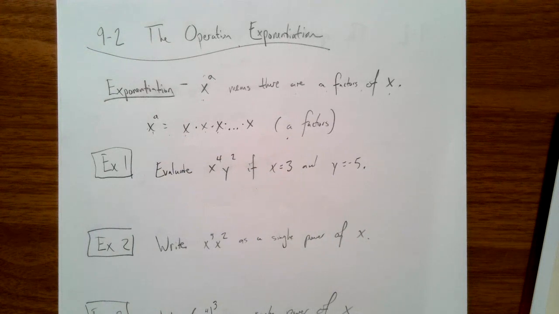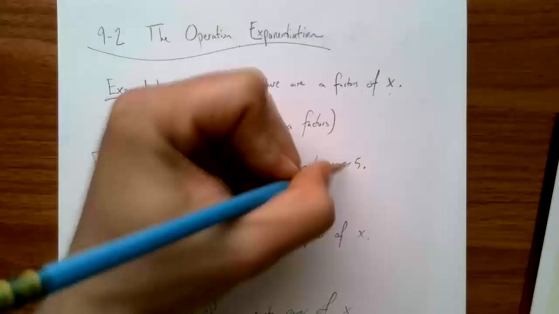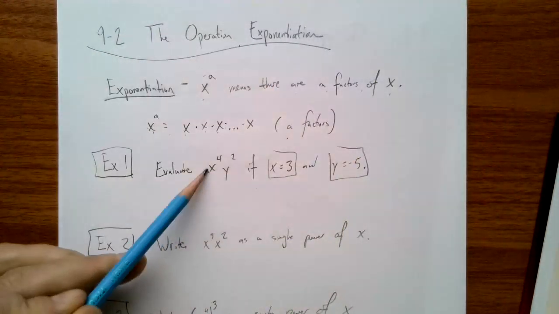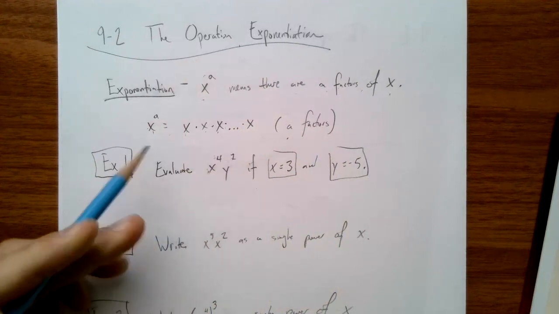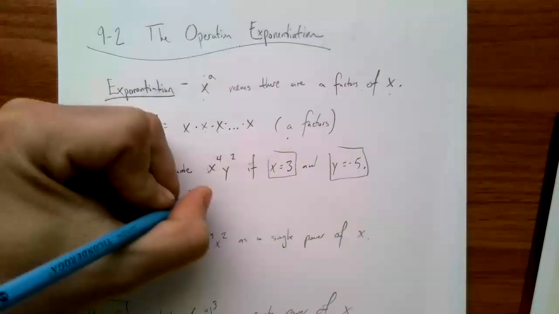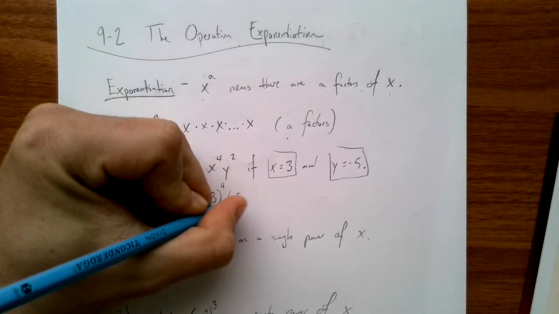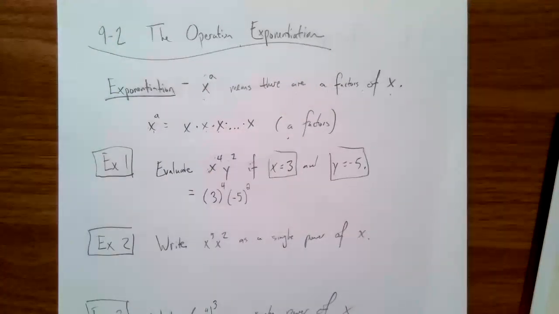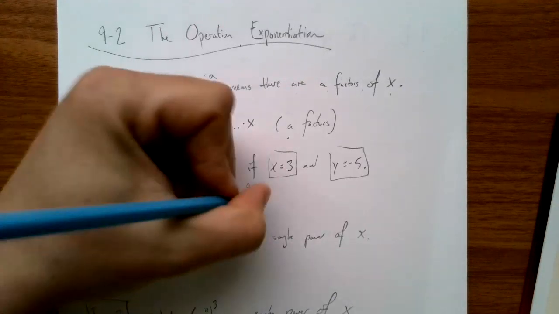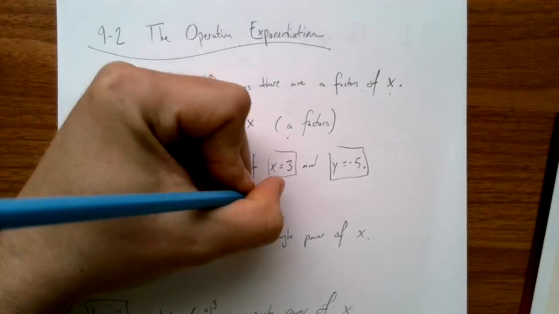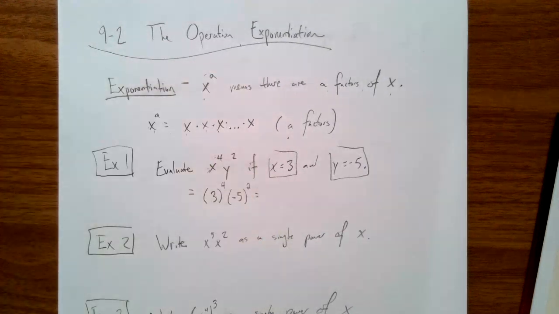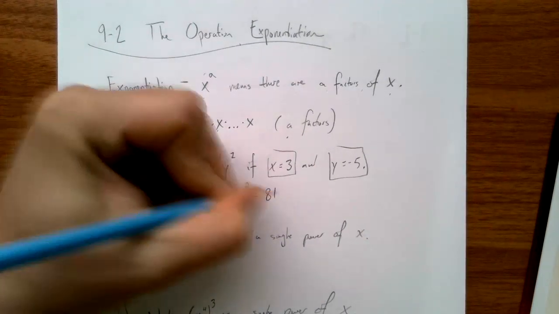So one thing I'm going to ask you to do is substitute information into an expression that has exponentiation. And if you'll recall, always input things with parentheses as a good habit, okay? So we have 3 to the fourth, and we have the quantity negative 5 squared. 3 to the fourth is equal to 81.